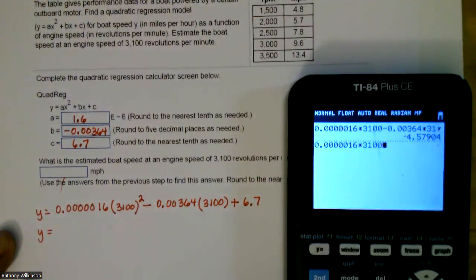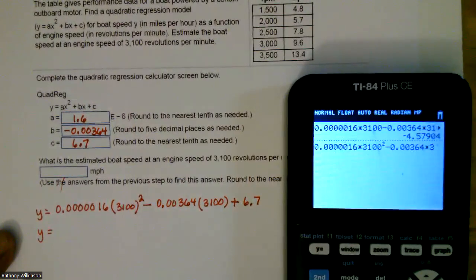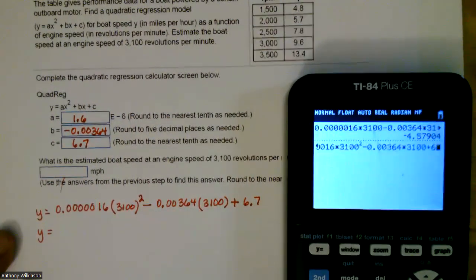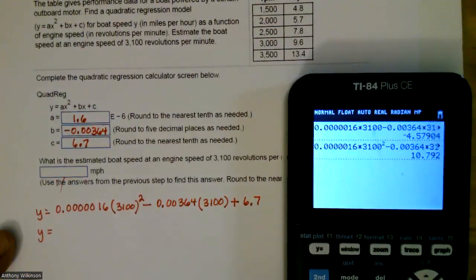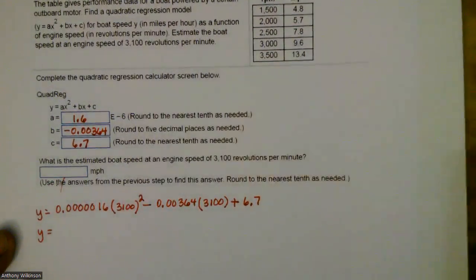Times 3,100, that's going to be squared. Minus 0.00364 times 3,100 plus 6.7. There we go. So to 1 decimal place, it'll be approximately 10.8.